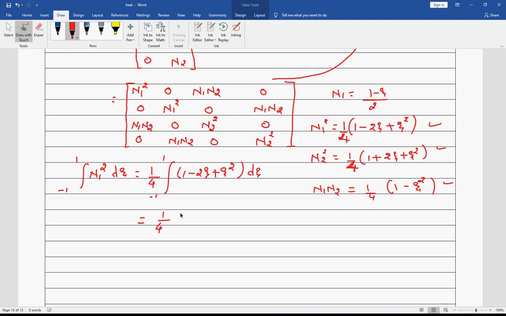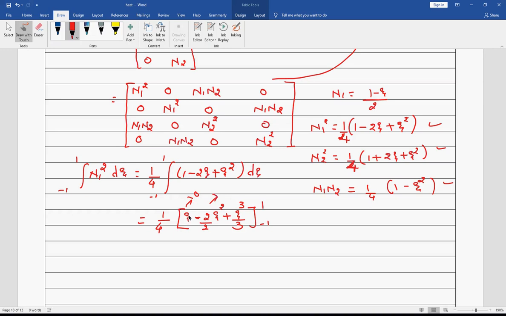So 1 by 4 as it is, and when I do the integration, this will come as xi minus 2 by 2 xi square plus xi cube by 3, from minus 1 to 1. If I put in xi, 1 minus of minus 1 leads to 2.